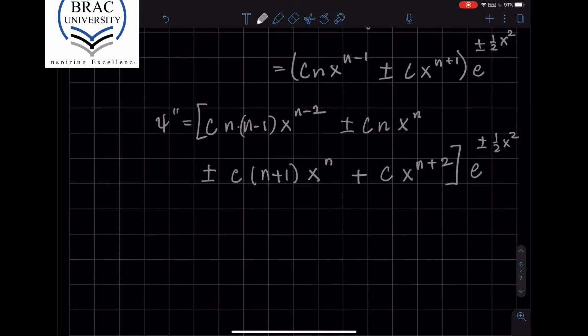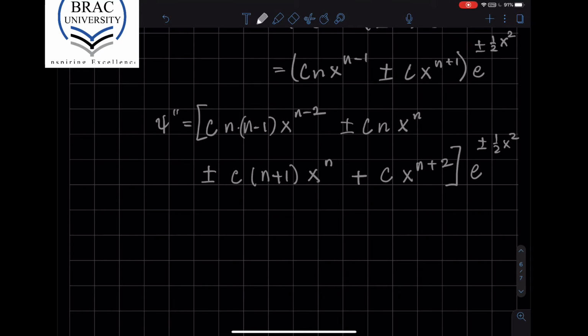Before we take the limit where x goes to infinity, let's simplify this a little bit. There are two terms here that are going to add up to give you 2n plus 1.